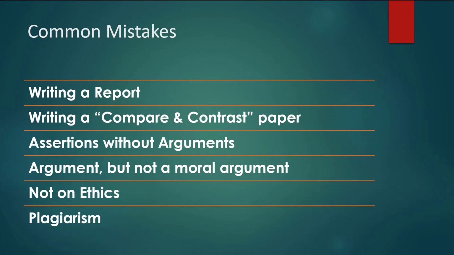A third very common mistake is simply assertions without arguments. A person might just say cheating in a relationship is bad, and then talk a lot about cheating, maybe give an anecdote about how they were cheated on and how bad they felt, etc., but no actual arguments. Now, many writing guides say include an anecdote, include some personal story.